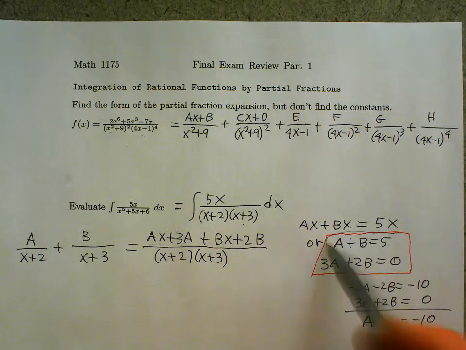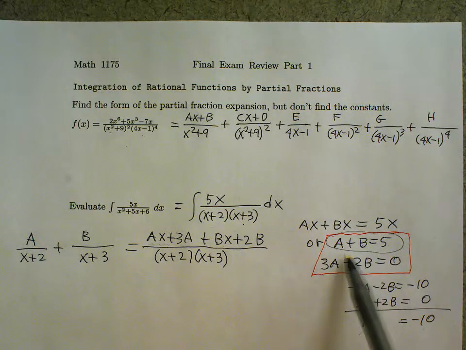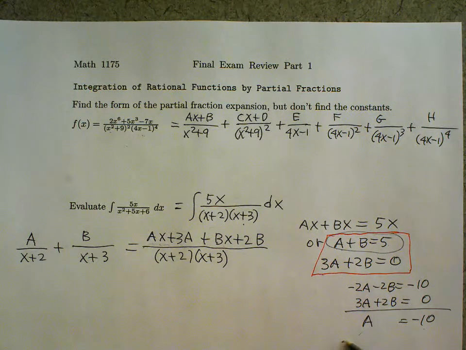And then to find b, we have two options. We'll just use a plus b equals 5, or -10 plus b equals 5. So b is equal to 15.